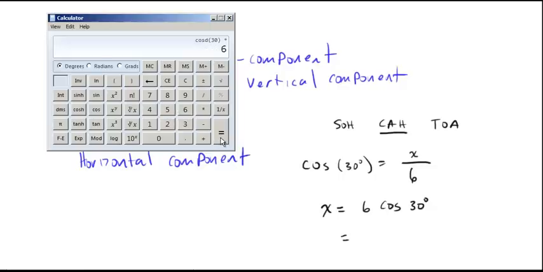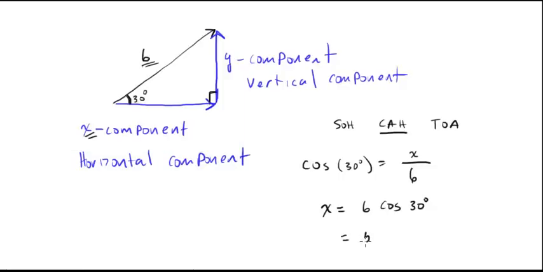That gives me about 5.19. In other words, this right here is 5.19. So if I went 6 miles 30 degrees north of east, I've gone 5.19 miles east.